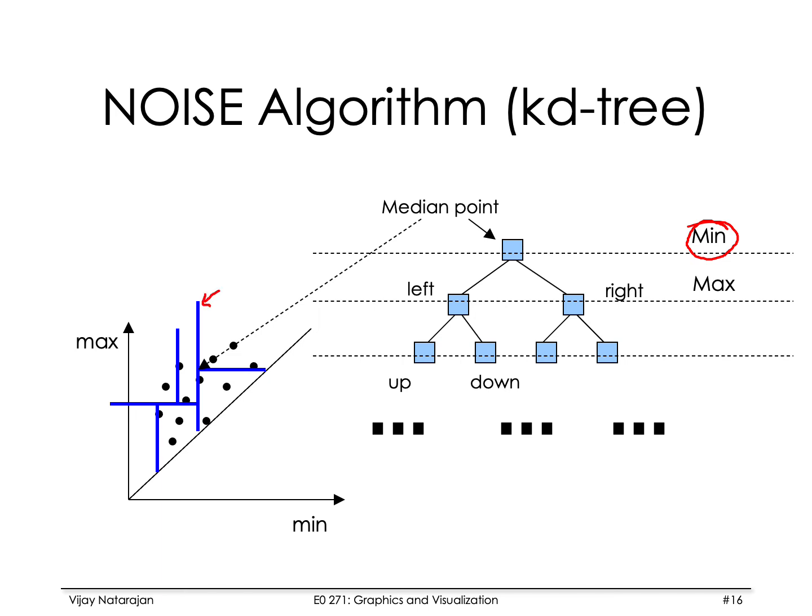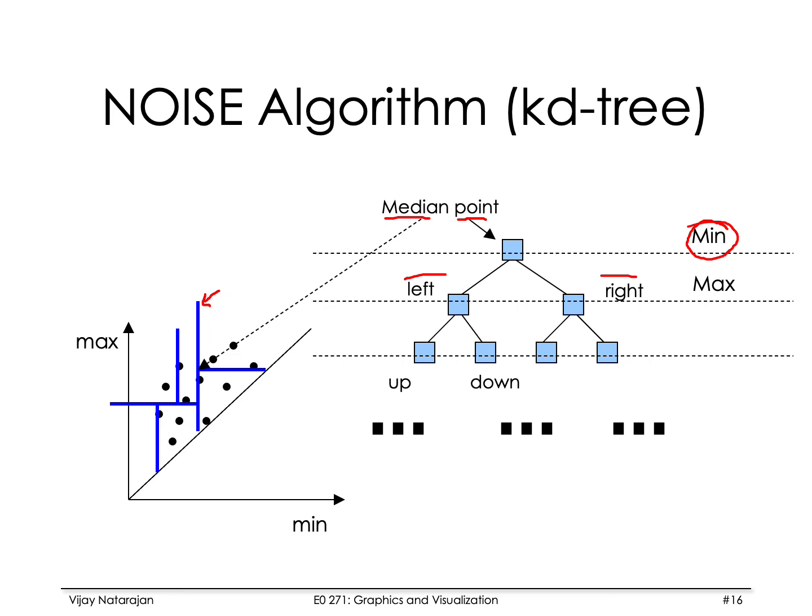This is the first partition. I partition using the median point along the x-axis. I choose the median with respect to the x-coordinate, and this essentially partitions the set of points into two, the ones that go to the left and the ones that go to the right.